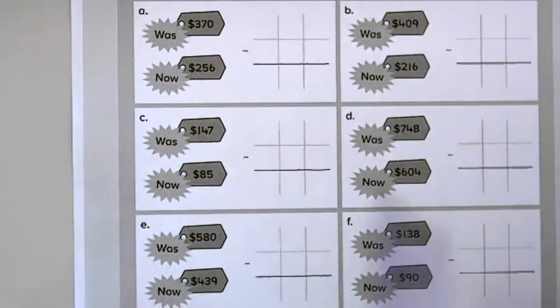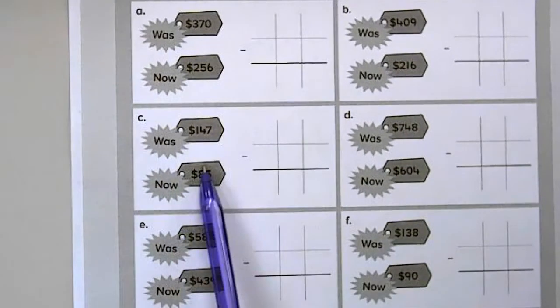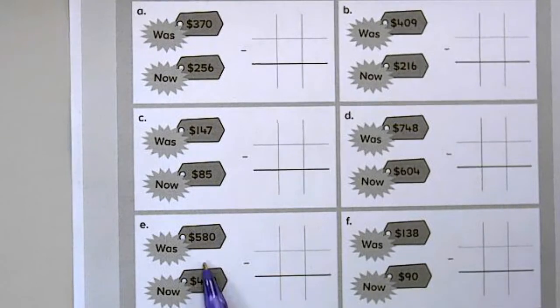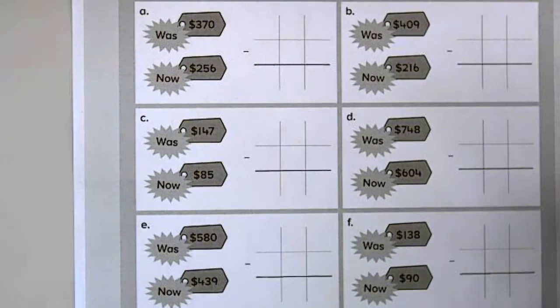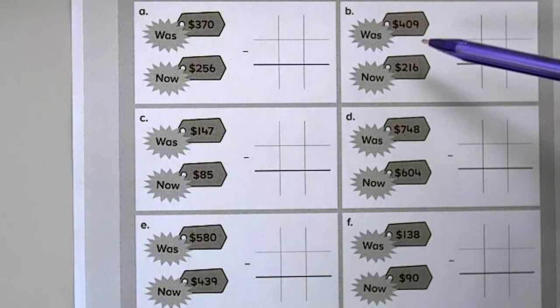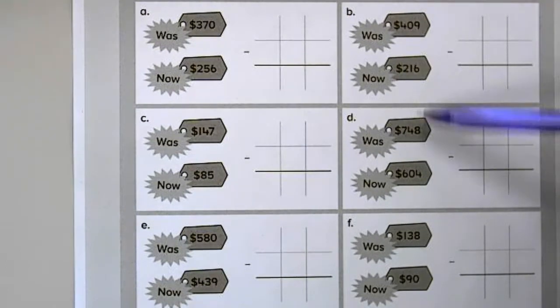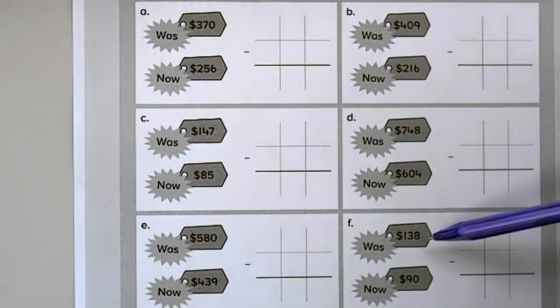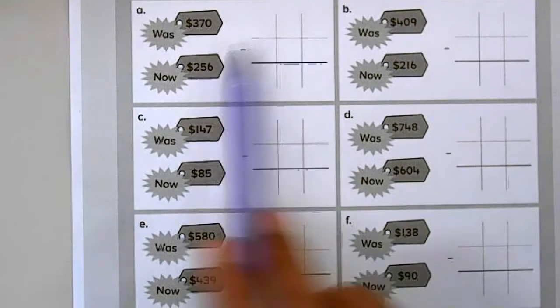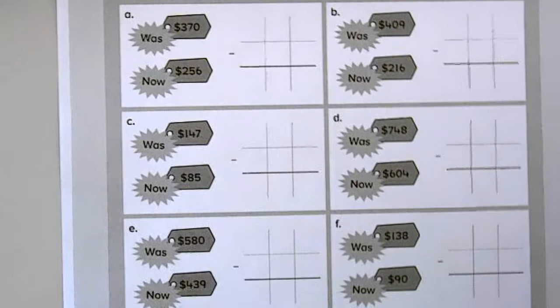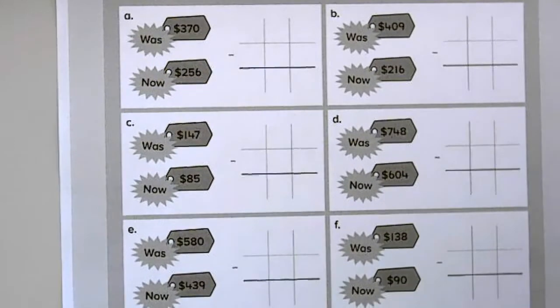Now what our book did for us, which is really nice, is that the number on top is already the greater number, because that's the number that it was. If they're trying to sell something, they're not going to raise the price on it. So the new number, the sale price, is always going to be less. So they've already set up for us where the top number is the greater. You don't have to guess which one.